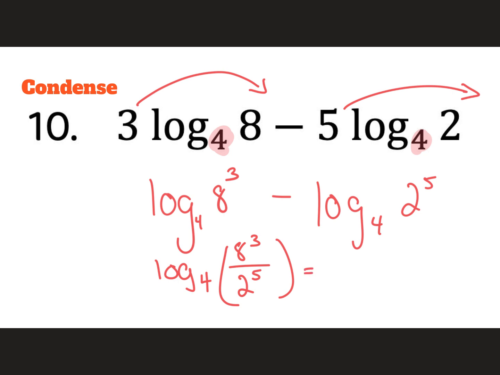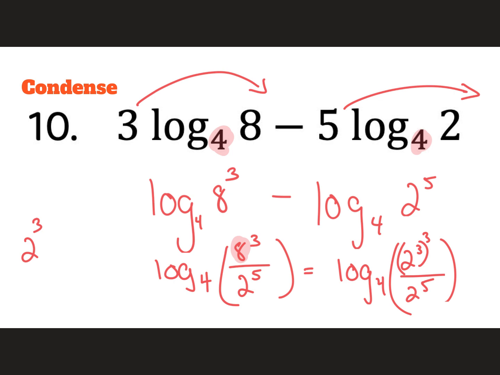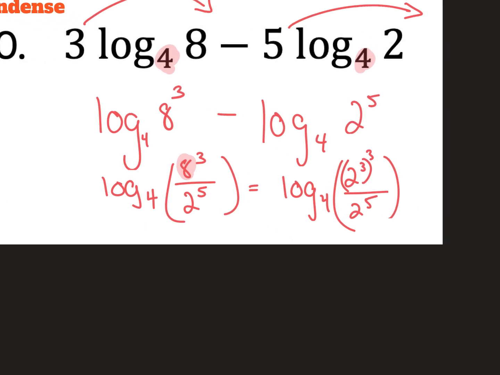Now that I can simplify this argument, I could expand 8 cubed and 2 to the 5th. I could also, hopefully I don't lose you here, recognize that 8 I could rewrite with a base of 2 as 2 to the 3rd. So what I'd actually have is 2 to the 3rd cubed in the top over 2 to the 5th, and then I have a lot of exponent rules I can use here.